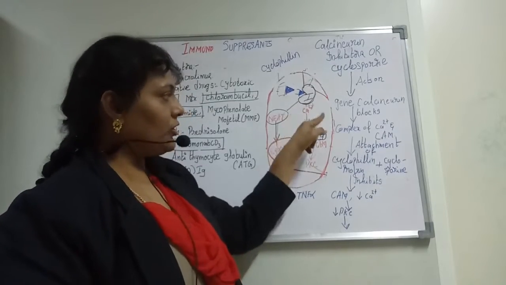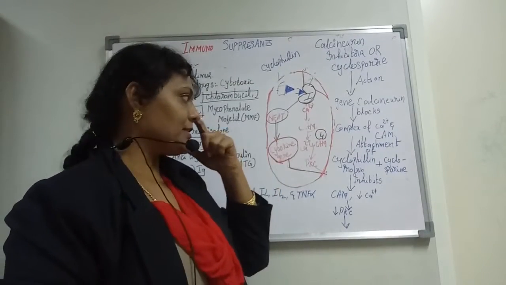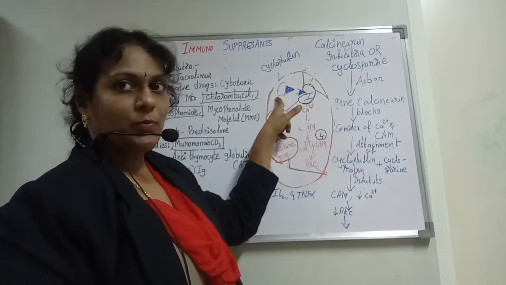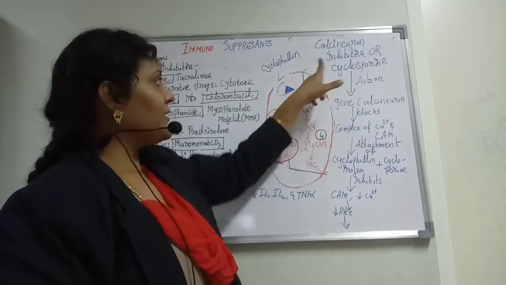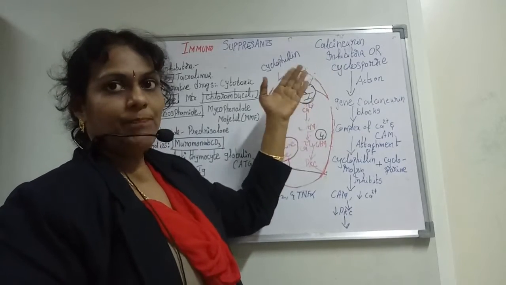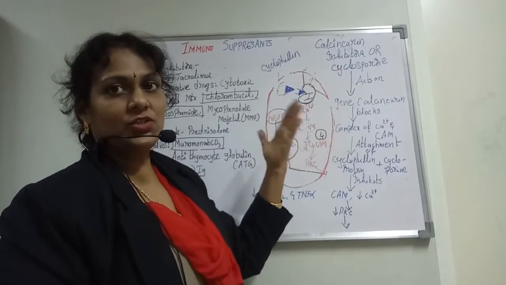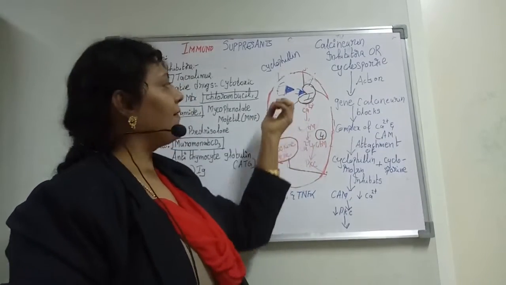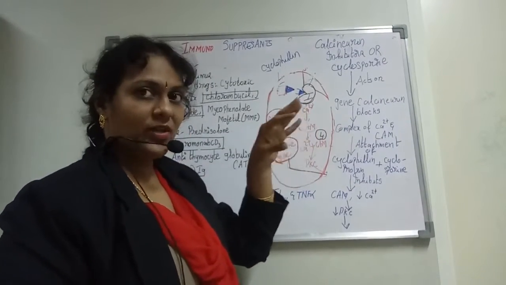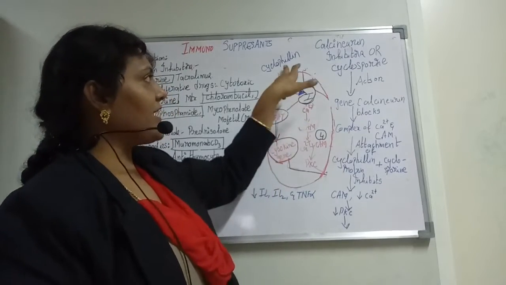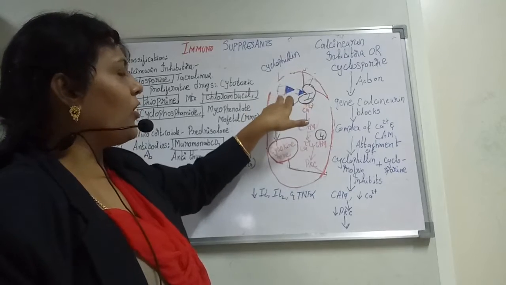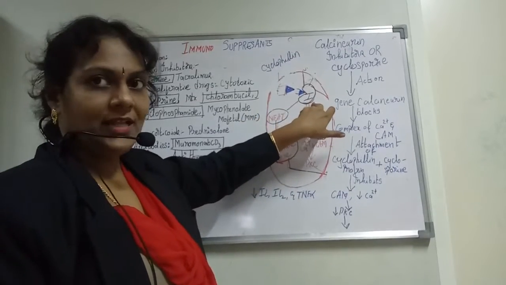And how is this blocking done? This is done by an attachment to a cyclophilin gene which is present on the T cell. The drug is given by the oral route, or the IV route, whatever the route is, and the T cell will collect it, and the particular cyclosporin drug is attached to the cyclophilin gene, and the whole complex, that means the whole block, will come and attach onto the calcineurin.